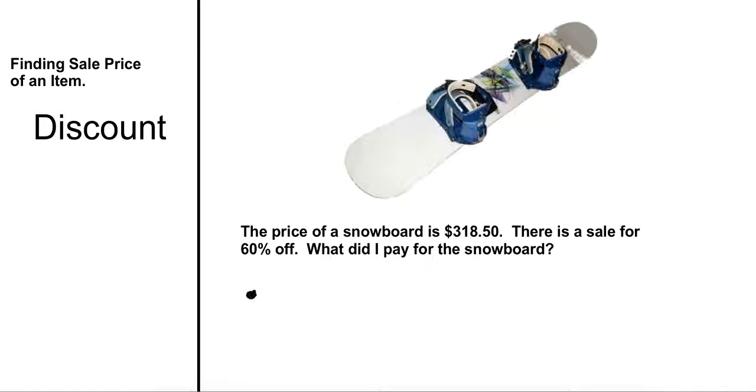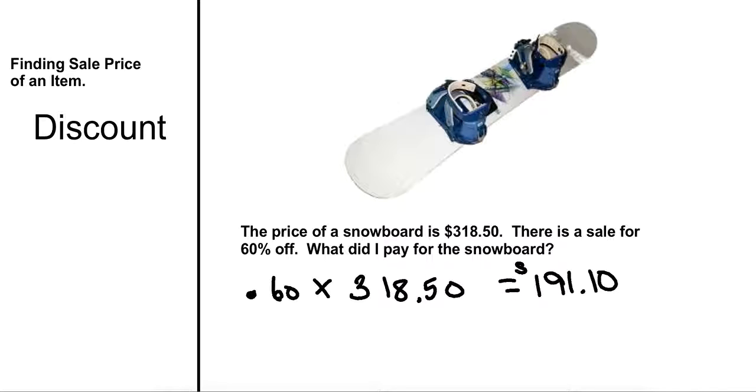What do I pay for the snowboard? So we use the same procedure. 0.60 or 0.6, 60% of the 318.50. So we put that in our calculator and we say 0.6 times 318.5 gives me 191.10.